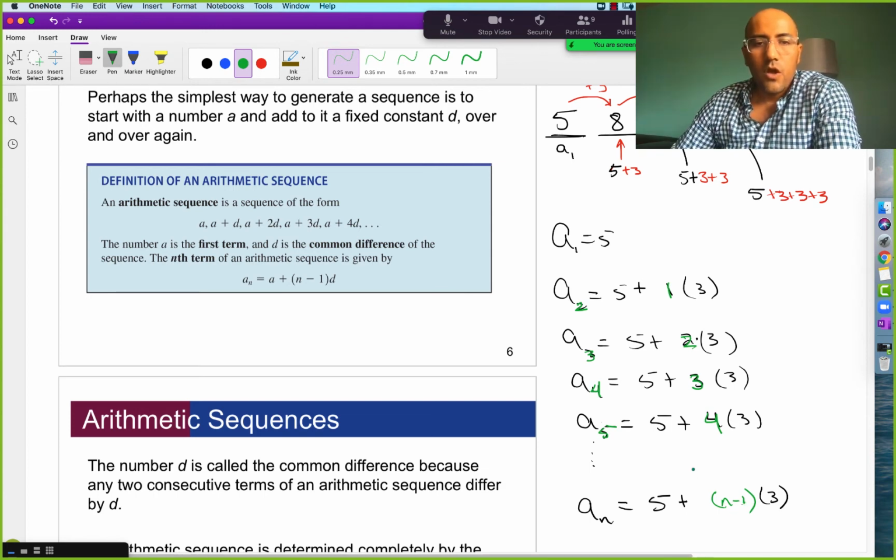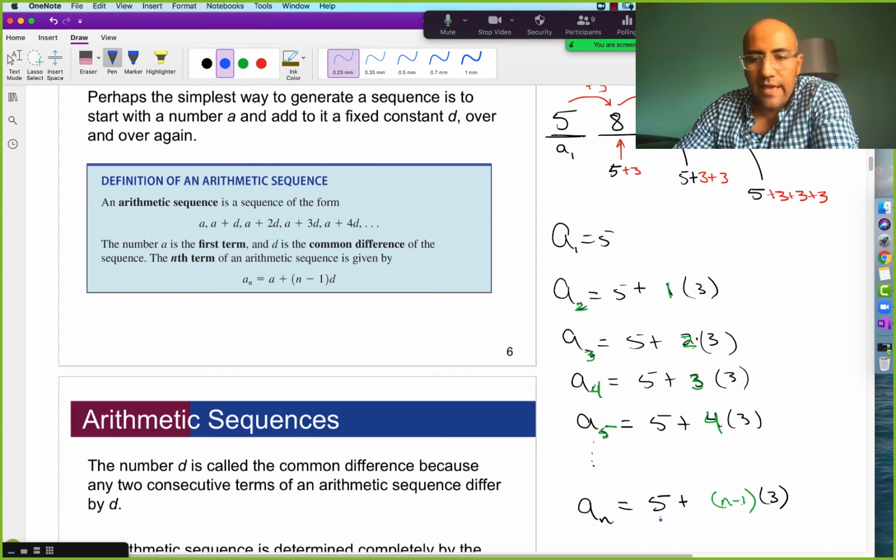No? Okay, so in general we like to call this the a sub 1 value, just a, which is the initial, the first term of our sequence. And then we call this the common difference, right? The common difference.